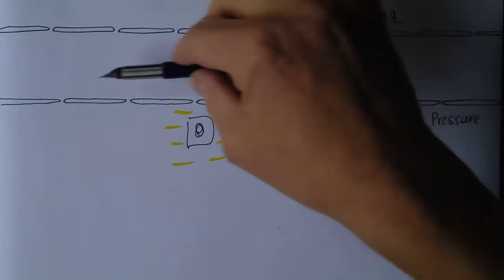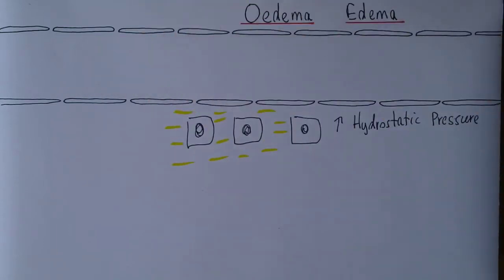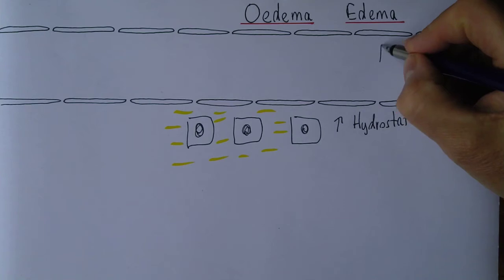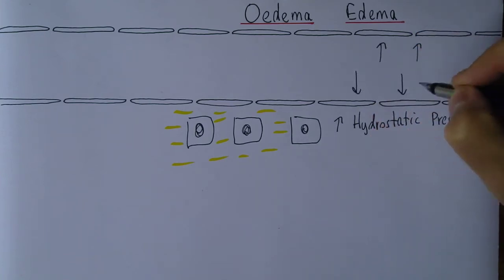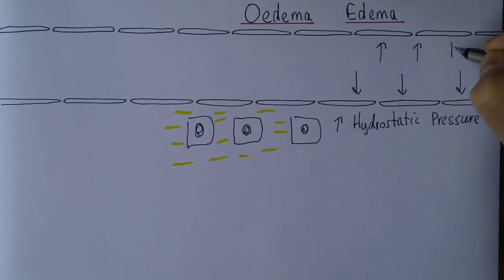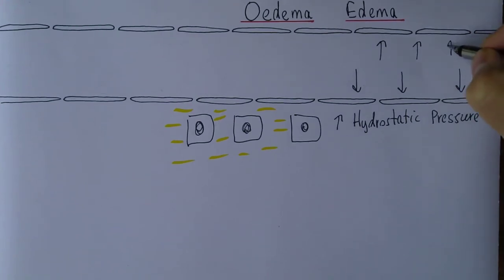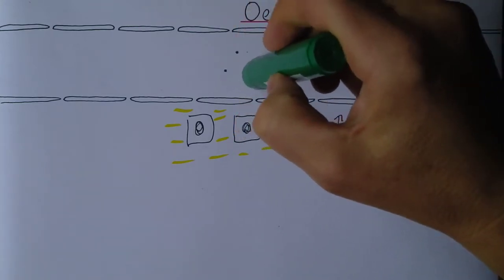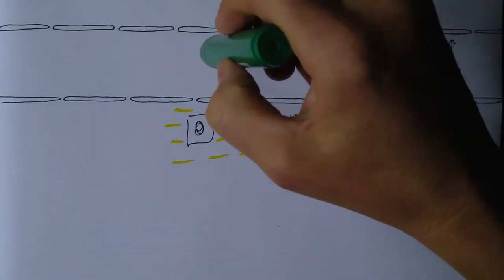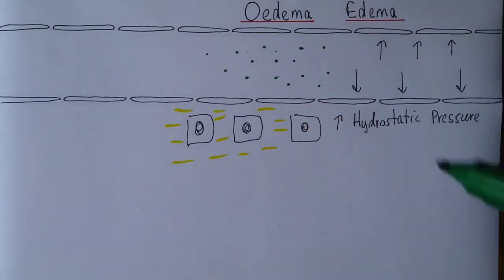But if there's increased hydrostatic pressure, then that's going to increase the pressure within the capillary. So if there's increased pressure within the capillary, that's going to counter the osmotic suction effect, which you might remember is generated by the large plasma protein molecules, the oncotic pressure.